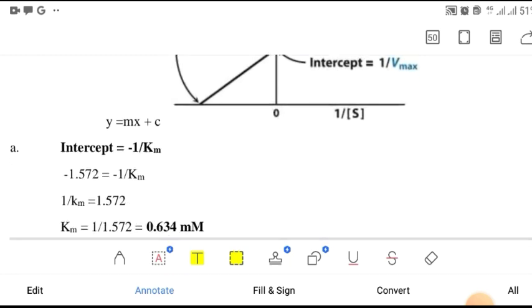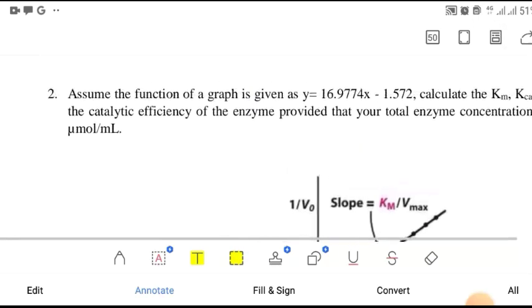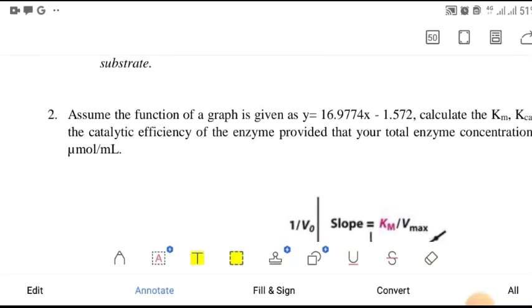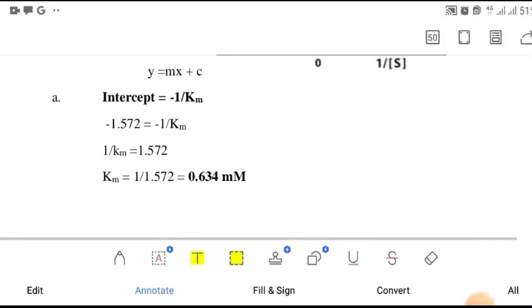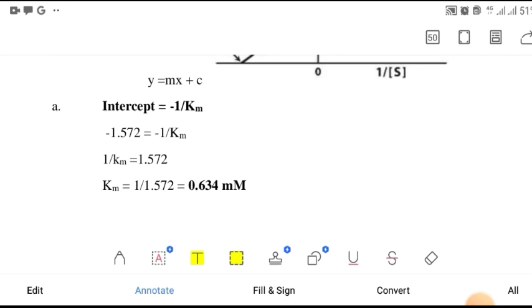So thereby your c of the equation, which is minus 1.572, we should note that you just simply equate minus 1.572 equals minus 1 over Km, and by the time you multiply by minus to everything, it will cancel out the minus, and you'll be able to have 1 over Km equals 1.572, and your Km equals the inverse of 1.572. Thereby, at the end of the day, you'll be able to have a Km of 0.634 millimolar.